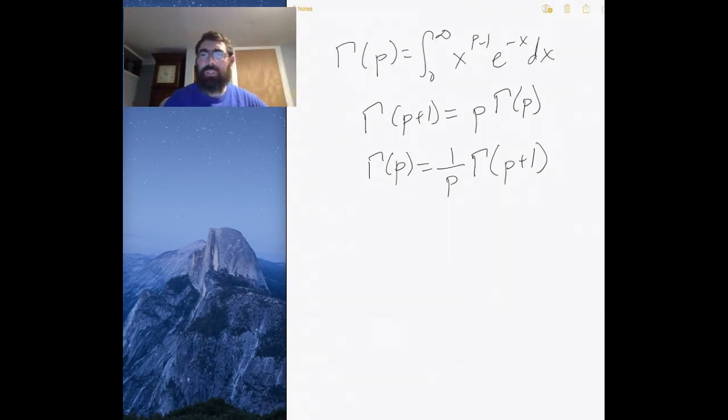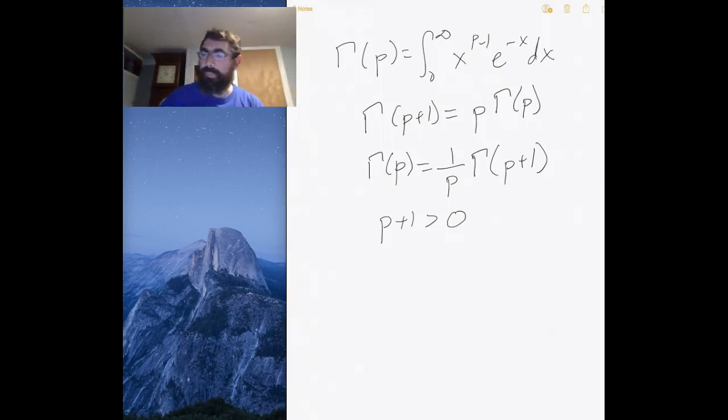We'll start slow and basically base these numbers on numbers where p plus 1 is greater than 0. So we want to base our negative numbers on a positive number, which is much easier to work with.